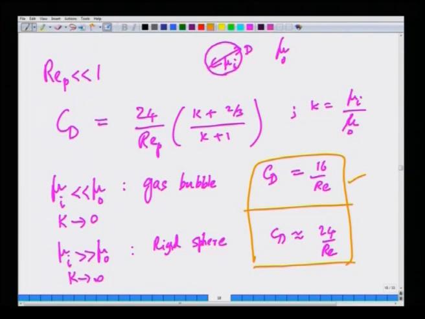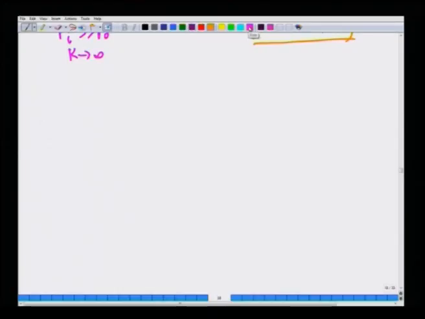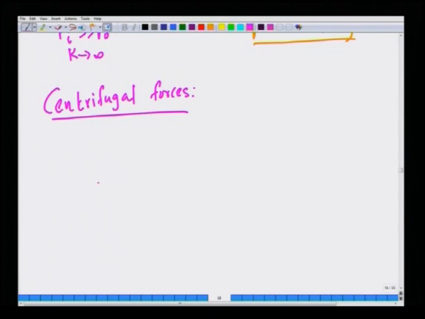Now, the driving force for settling is typically gravity in many applications, but in some applications you do find the use of centrifugal driving forces that drive the motion of the particle in a fluid.